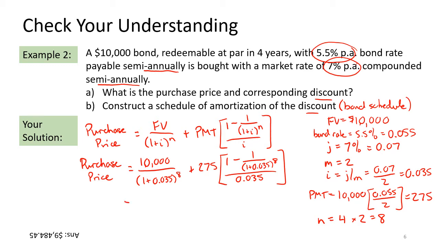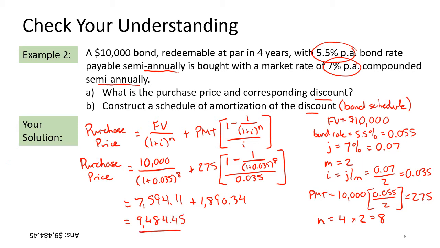To calculate each of these out individually, we get $7,594.11 plus $1,890.34.